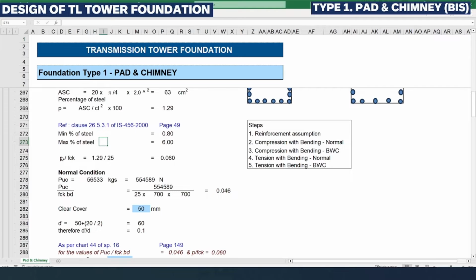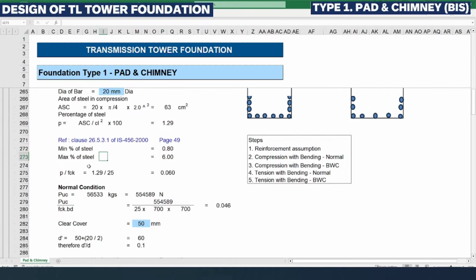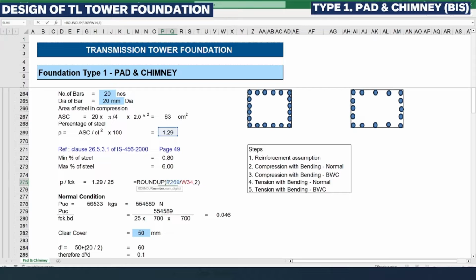For that, p divided by fck, that is the percentage of steel divided by the grade of concrete, the concrete compressive characteristic strength.